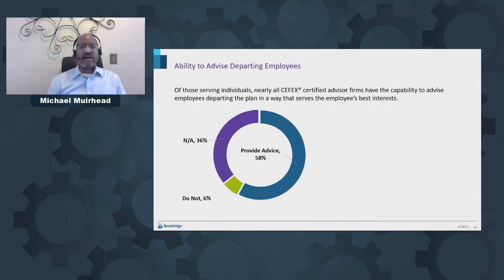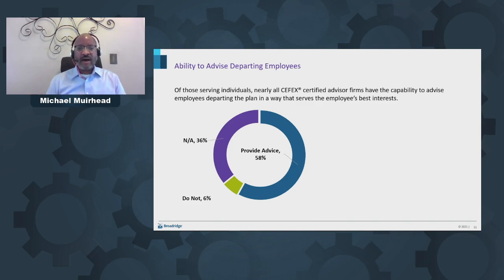In terms of rollover advice, this is an area that has received a lot of attention given the focus on here again, making sure that there's policies and procedures that are part of the advice and recommendation and being able to meet the best interest standard.